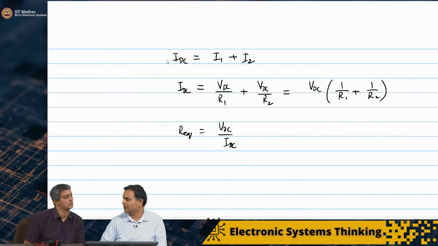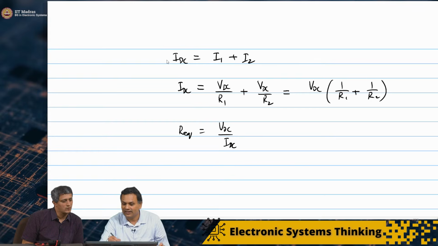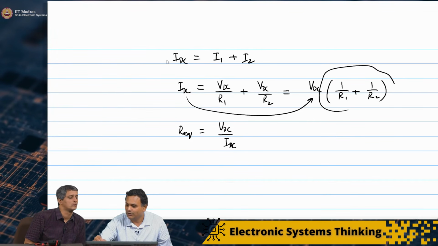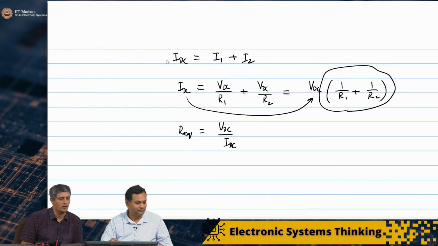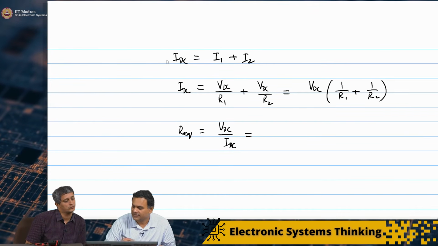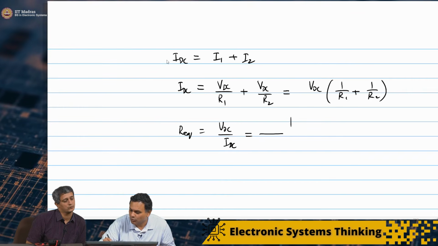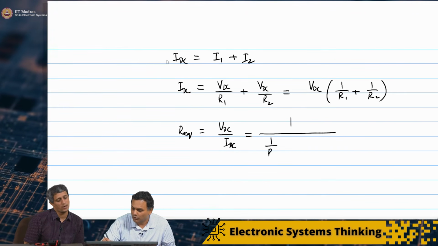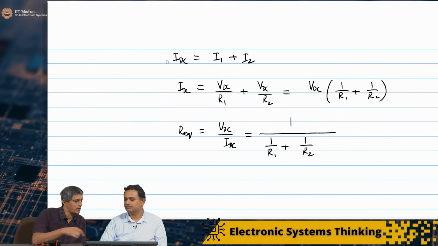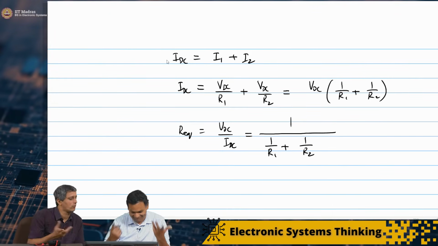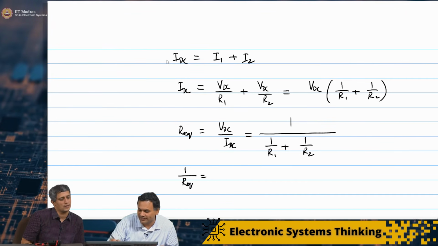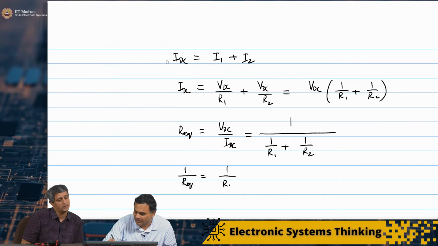Now I bring IDC to the right hand side, the denominator, and take this to the other side. So this is nothing but 1 over 1 by R1 plus 1 over R2. In effect, 1 by R equivalent is equal to 1 over R1 plus 1 over R2. That's a very common way of writing this because it's easier. It's in parallel.